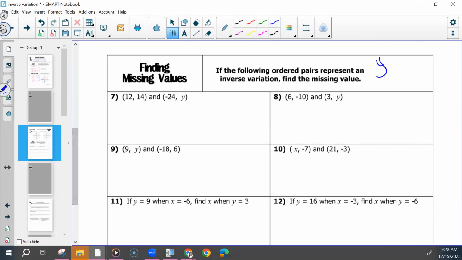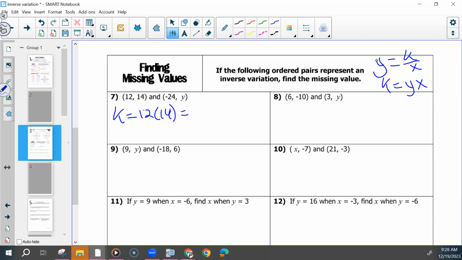I'll rewrite them. y equals k over x, and k equals y times x. For number 7, use what you have to find k. So k equals 12 times 14. Multiply those, tell me what you get.